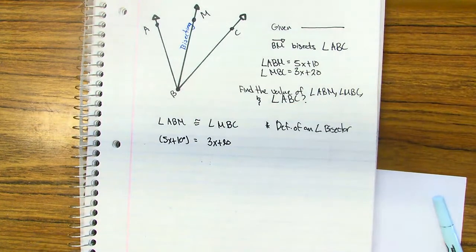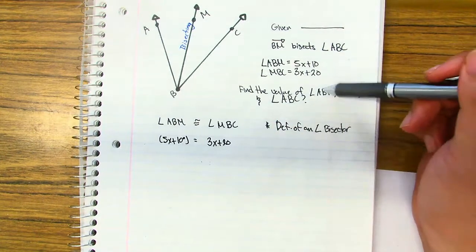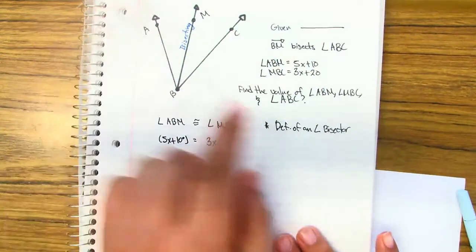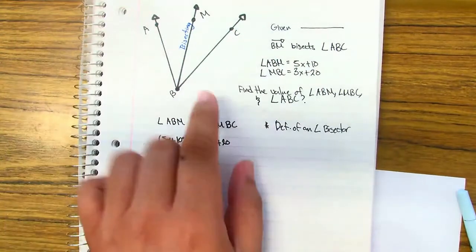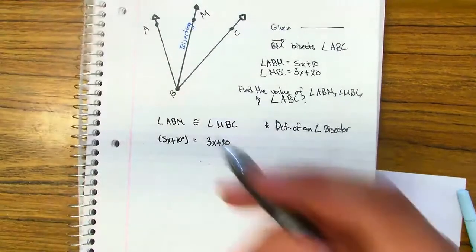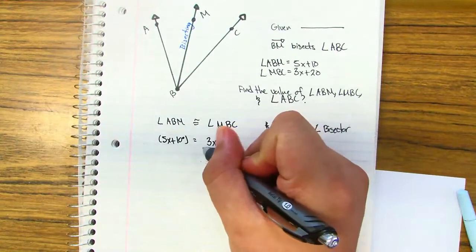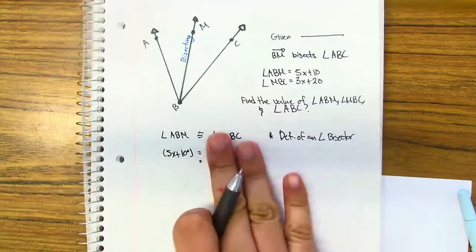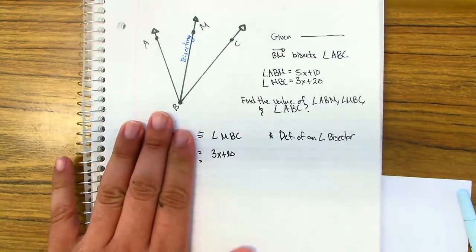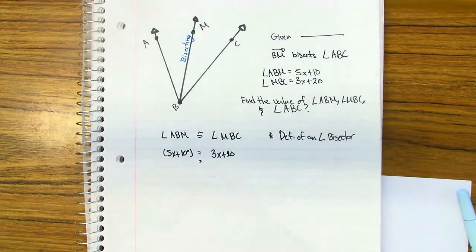With our equation, we're going to try to find the value of ABM, MBC, and the whole angle, which is ABC, with the values we are given. I'm going to solve this really quick. I can simplify the left side because there are no like terms, and the right expression because there are no like terms. So I'm going to work with both expressions now.